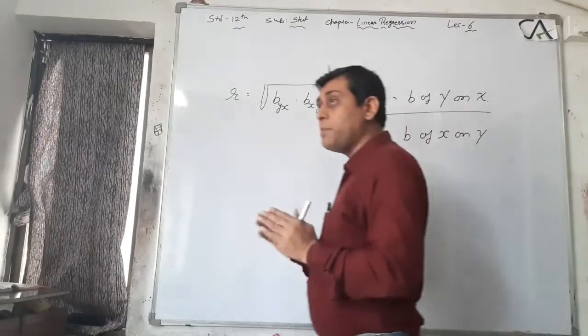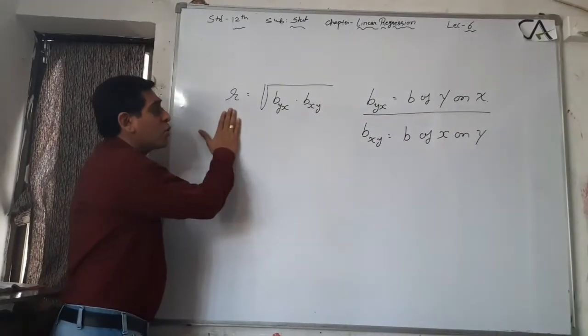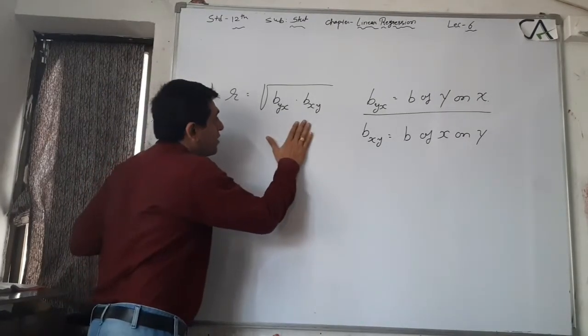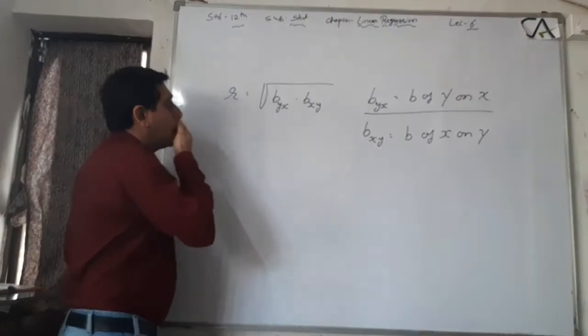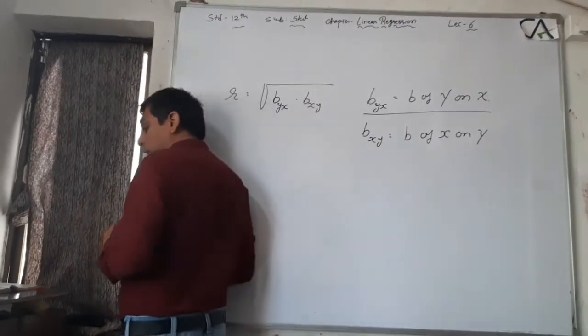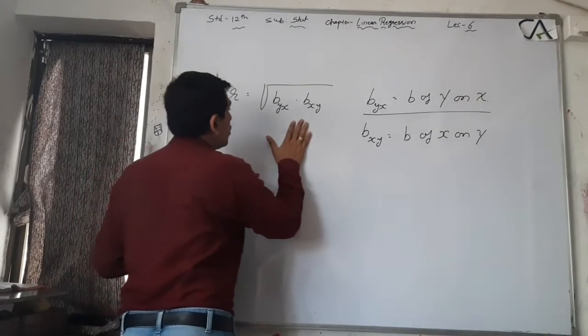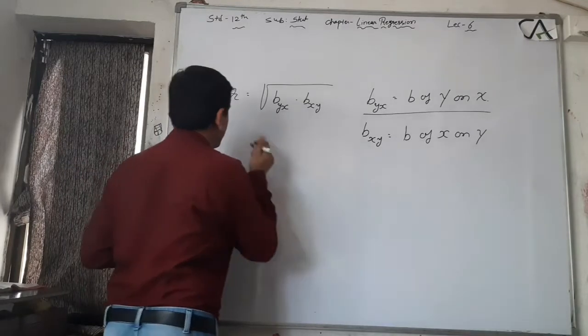The relation between regression coefficient and correlation coefficient is like this. But this is also not in your syllabus. But for teaching these properties, I have to tell you this, that means Byx and Bxy.